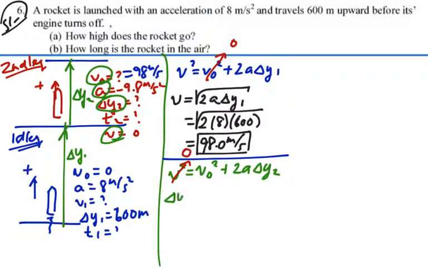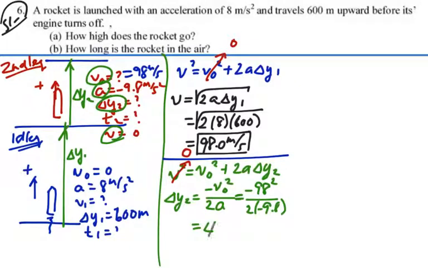So delta y2 is going to equal negative initial velocity squared divided by 2 times acceleration, which is negative 98 squared divided by 2 times negative 9.8. And that is equal to 490 meters.